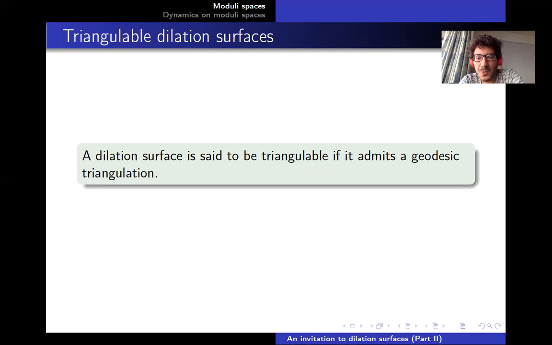By triangulable, we mean a geodesic triangulation, so a triangulation whose set of vertices is the set of singular points, and the edges are straight lines going from one vertex to another. In the case of translation surfaces, you always have such triangulations, and it's not the case for dilation surfaces.